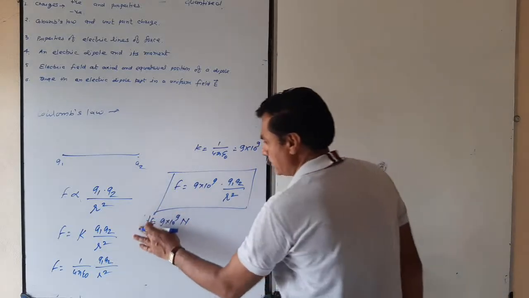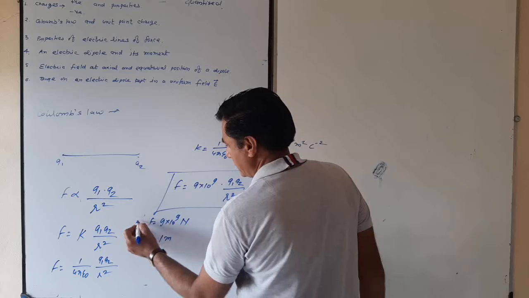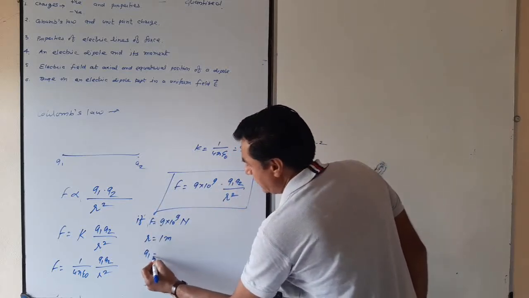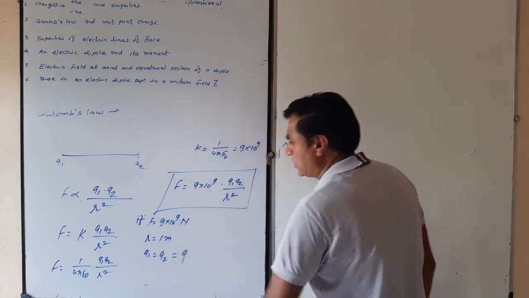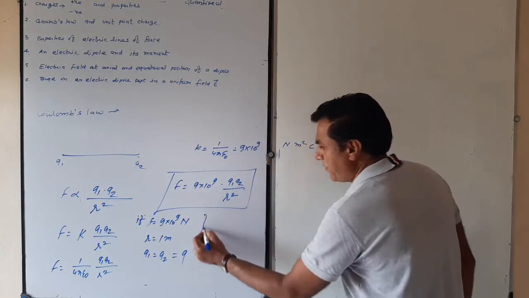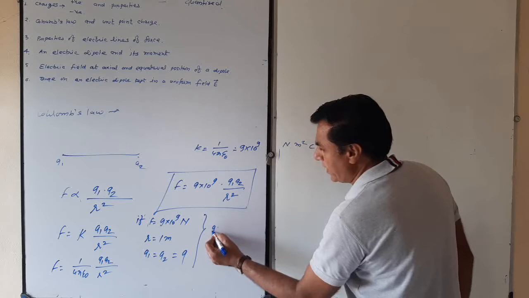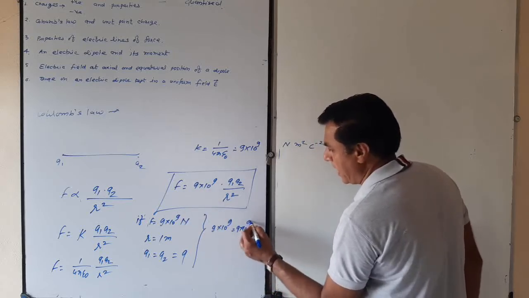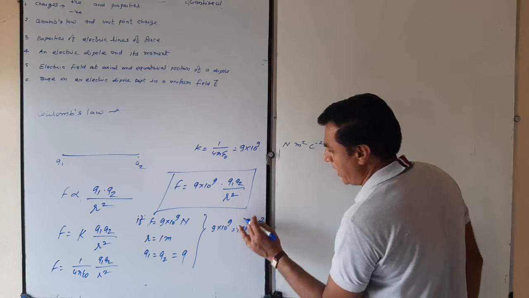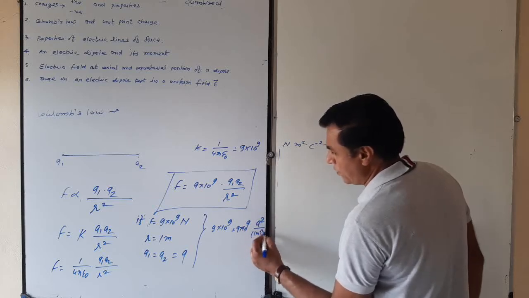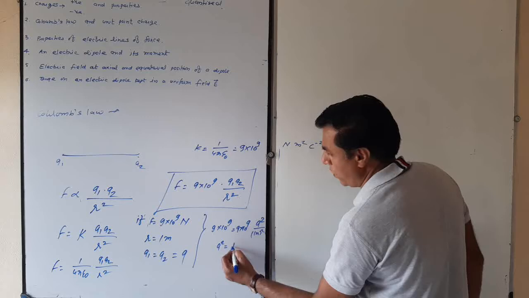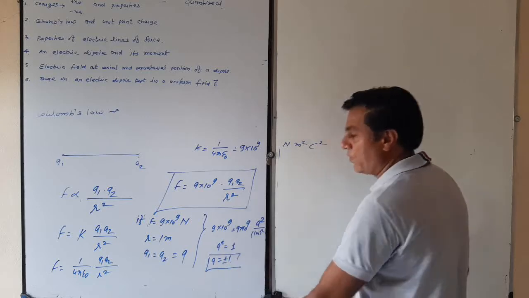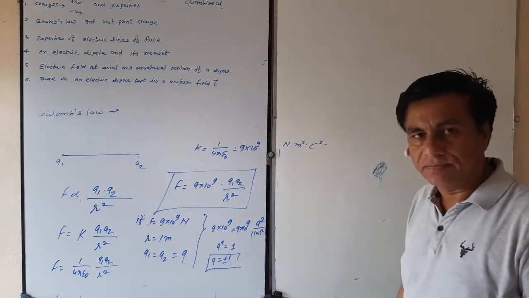Third condition, Q1 is equal to Q2 and that is Q. In that case, from this formula, F is 9 cross 10 to the power 9 Q square over 1 meter square, which means Q square is 1, so Q is plus or minus 1. That is the value of unit point charge.